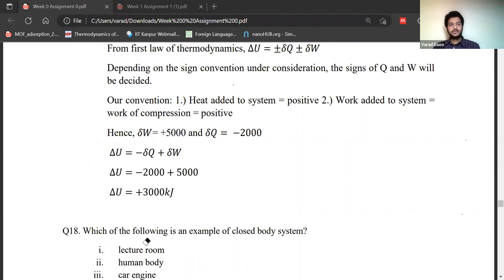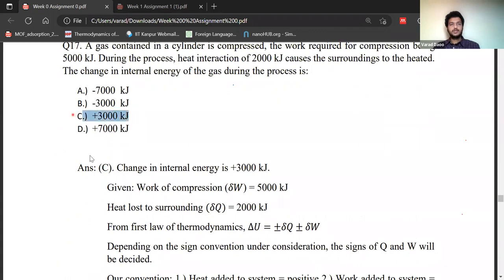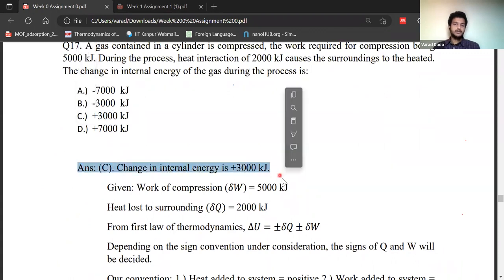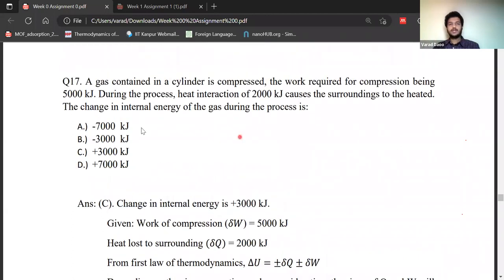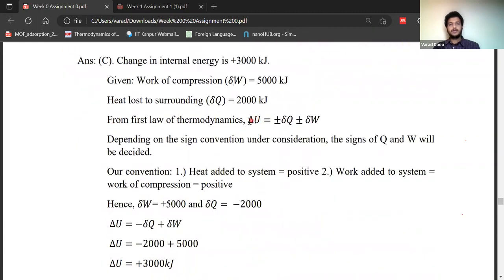So answer is this. Delta U is plus 3000 kilojoule. That means option C is correct, right? So anybody has any questions? This is clear to everyone? Remember, this is the first law, and both things can be positive.